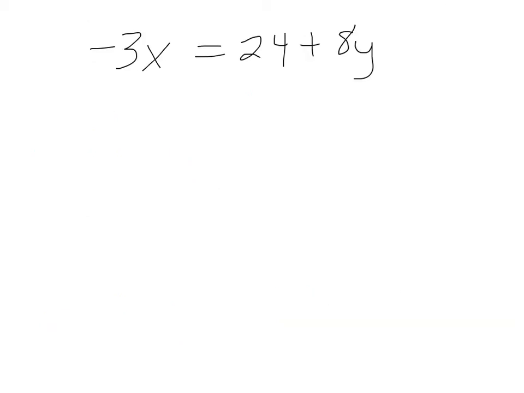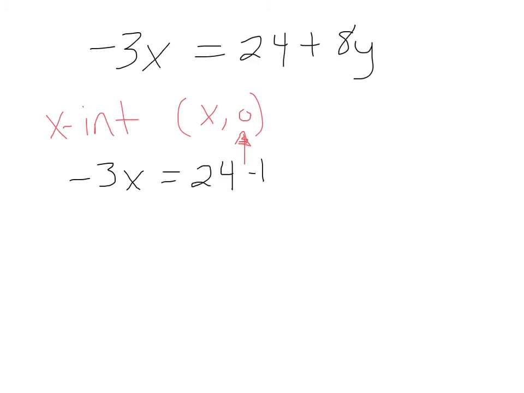Given this equation here, if you wanted to find the x-intercept, guess what you'd have to do? Well, all x-intercepts have the form (x, 0). That means that the y value at an x-intercept is 0. Take a look at your equation, and if you're after the x-intercept, go ahead and plug in a 0 for y.